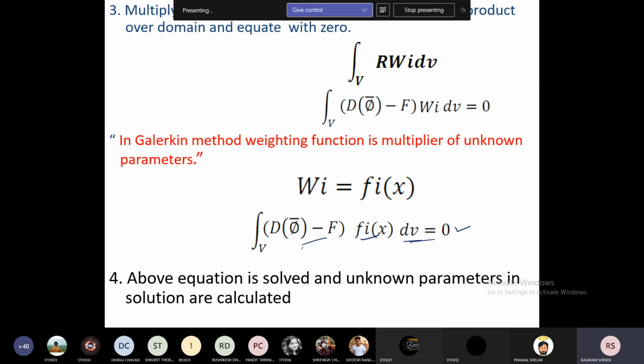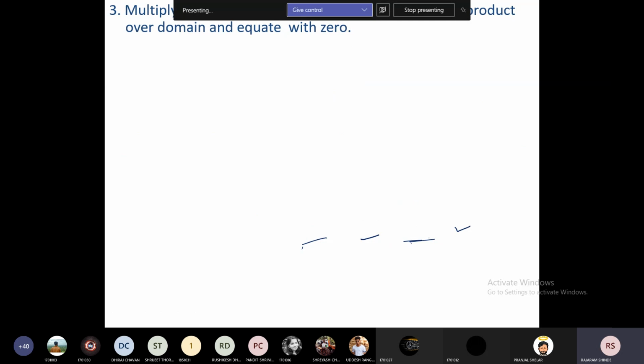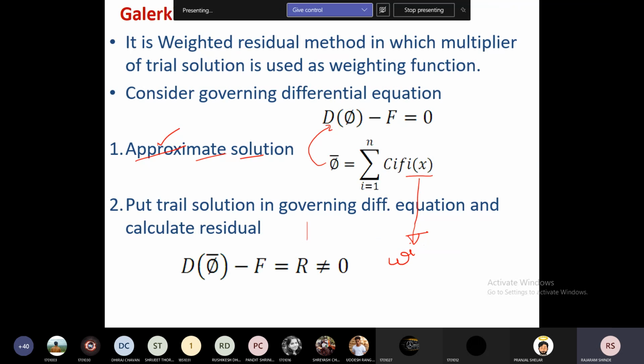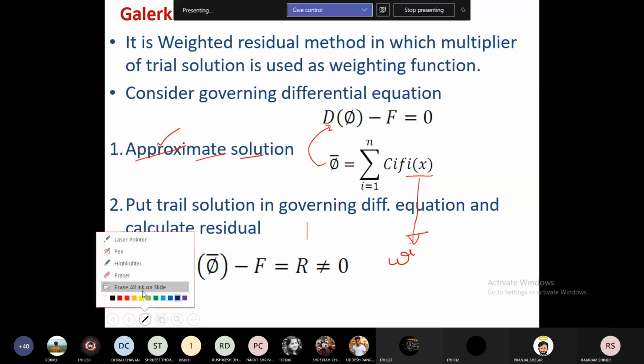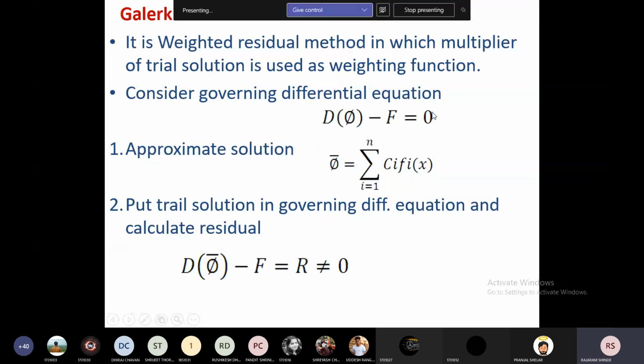Now you have to remember the steps of the Galerkin method. You see here, it is the weighted residual method. The first step is to approximate the solution, then put that approximate solution in the governing differential equation.